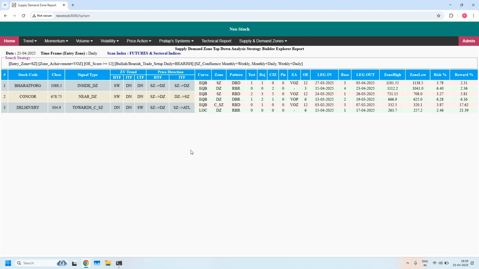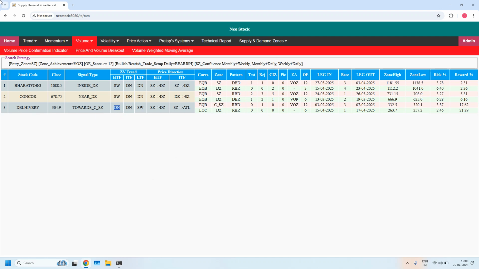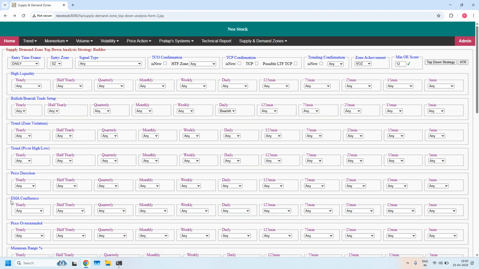That means all are part of the monthly zone. If the monthly supply zone has a monthly EMA, and the trend is not sideways, so only this stock. If monthly supply zone confluence is there, then this supply zone could have an even higher probability of success. Let's verify. In the EMA Confluence at monthly, I'm checking whether the monthly supply zone has monthly EMA Confluence or not.